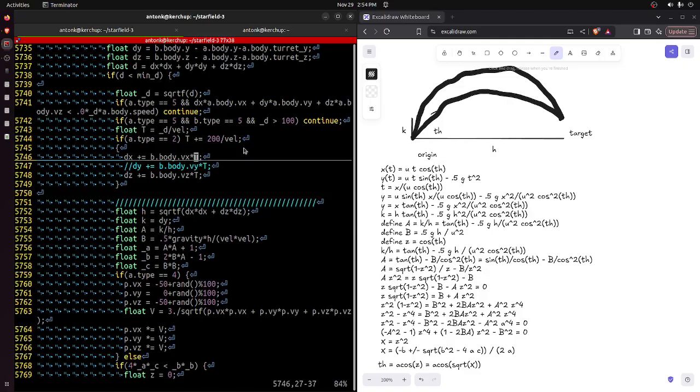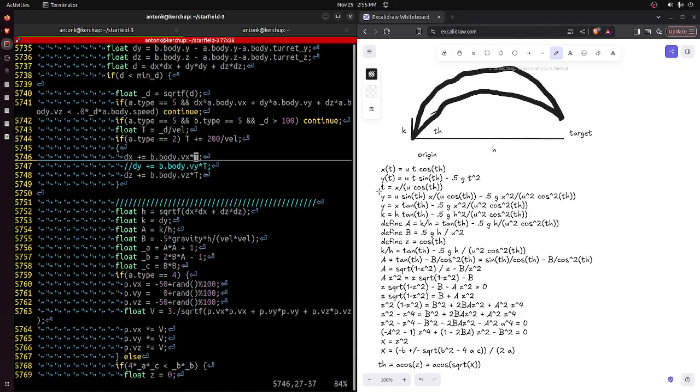Because, okay, let's say you have a choice of using either this trajectory or this trajectory, right? So this trajectory is going to take longer, right? So assuming that you use the same speed, but you just angle it higher, this trajectory is going to take longer.